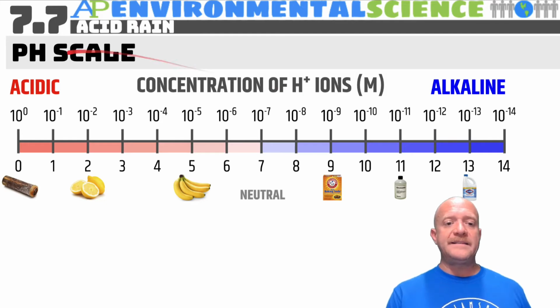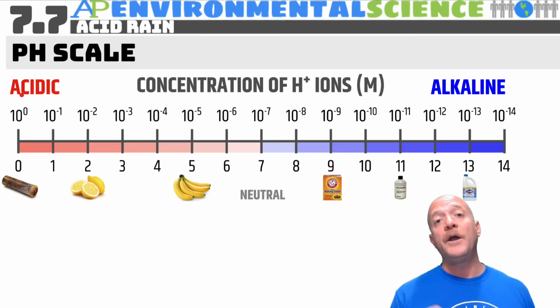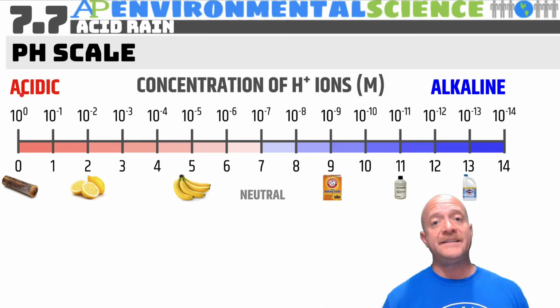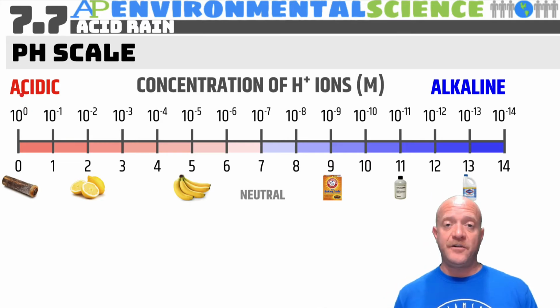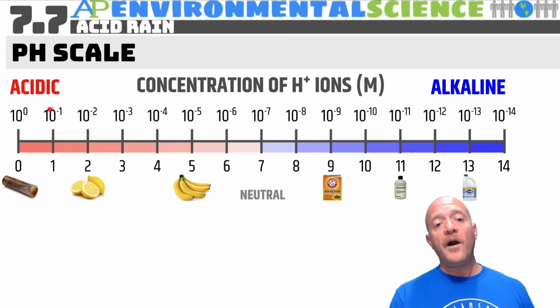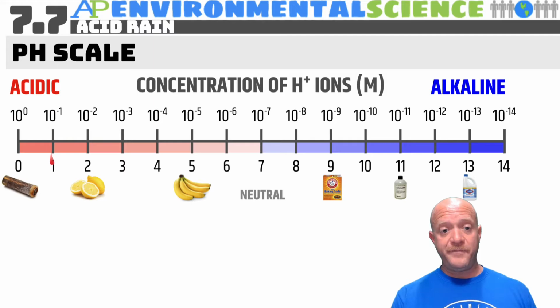Now, when something has a pH of 0, it has 10 to the 0. In other words, 100% H plus concentration, or a molarity of 1.0. And when you have something that is a pH of 1, it has a molarity of 10 to the minus 1, or a molarity of 0.1.